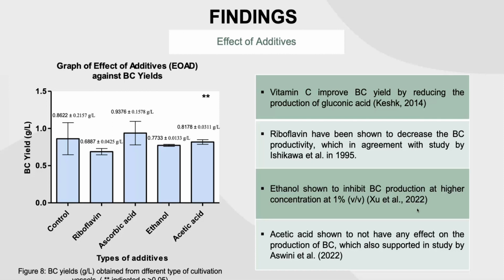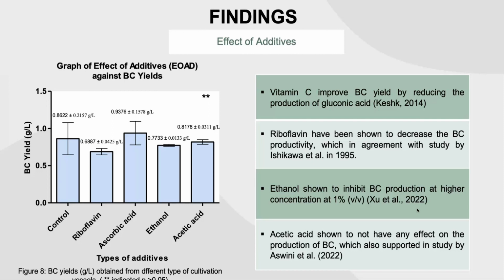Riboflavin shown here decreased the BC productivity, which was in agreement with a study by Ishikawa and co-workers in 1995.